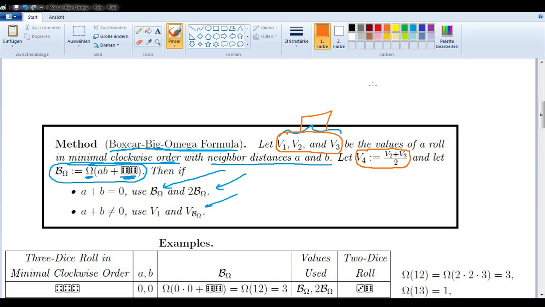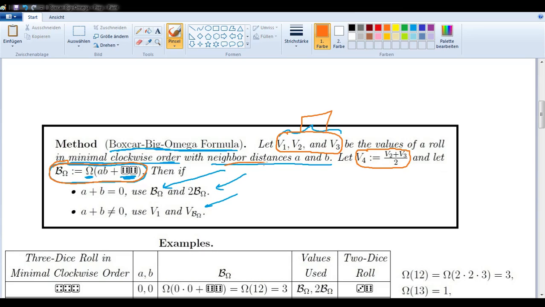And it is these 4 values, v1 to v4, that we're going to be using to create a 2-dice roll. So we compute this term here, Boxcar-Big-Omega, and use that to determine our 2-dice simulation.